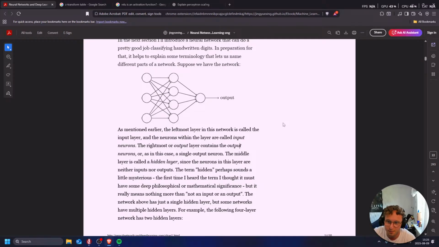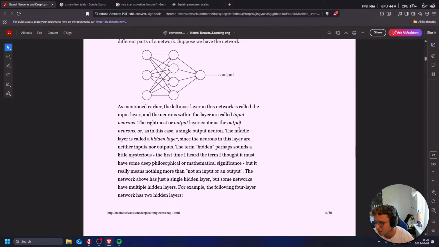The term hidden perhaps sounds a little mysterious. The first time I heard the term, I thought it must have some deep philosophical or mathematical significance, but it really means nothing more than not an input or output layer. The network above just has this single hidden layer, but some networks have multiple hidden layers. For example, the following 4 layer network has 2 hidden layers.